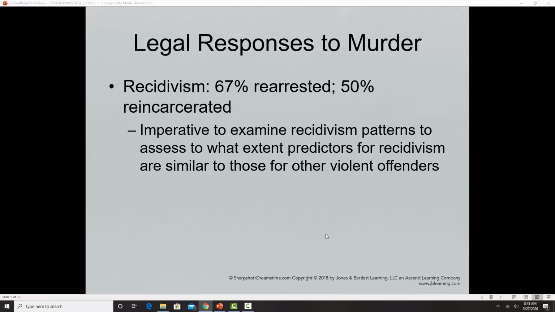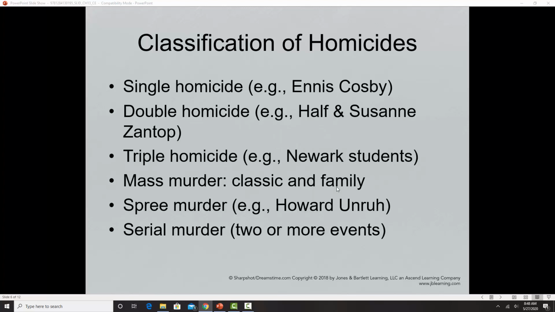It's kind of those lifelong offenders. So these are people that probably were getting into trouble early, probably had a juvenile arrest record. The vast majority of people that commit a homicide don't do it out of the blue with no other criminal record. Now, not that it can't happen, it does, but that's why you see higher recidivism rates.